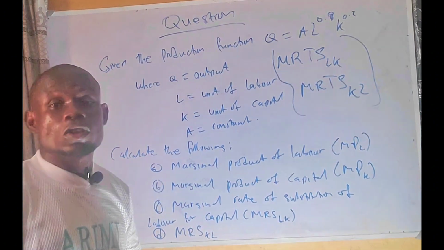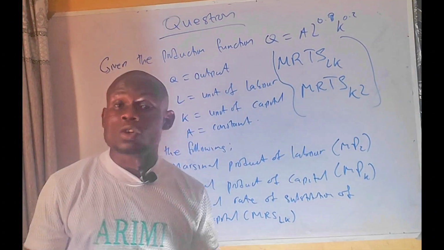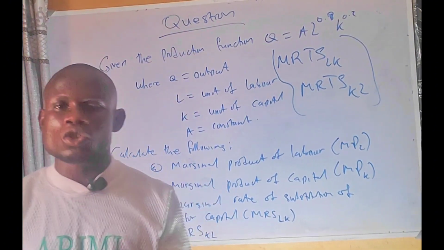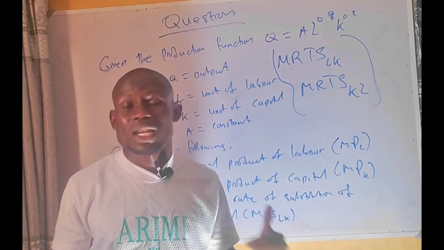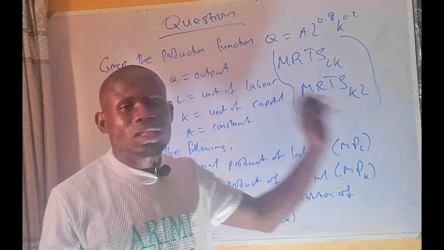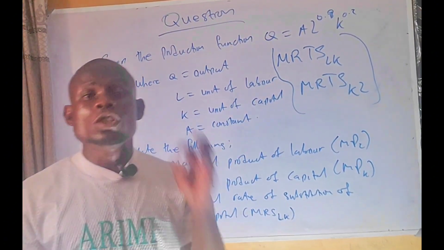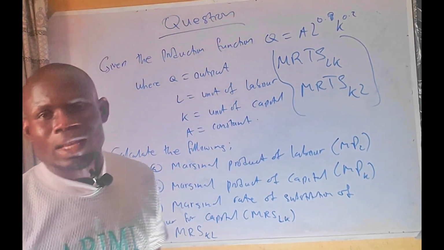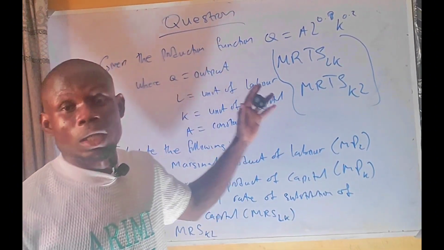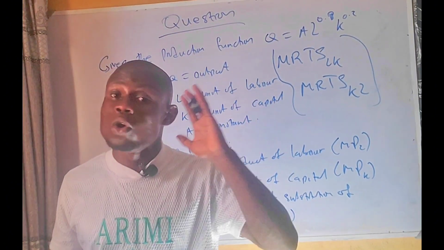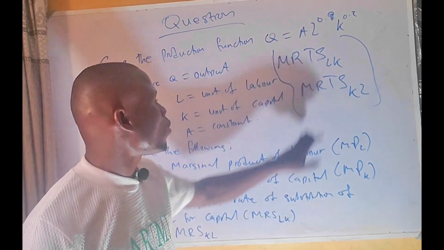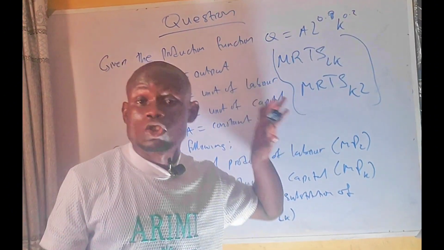This is because in the theory of consumer behavior, the marginal rate of substitution is used for the indifference curve, while the marginal rate of technical substitution is used for the isoquant. Isoquant is a graph of the long run production function. That's isoquant.